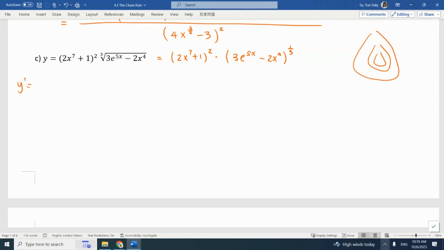Okay, the first layer, the outer layer, is a product. So the product rule is: first factor prime times second factor, plus, and then the first factor times the second factor prime.